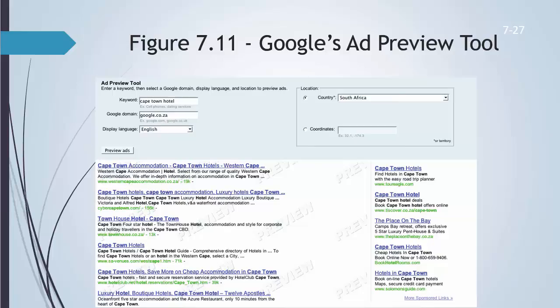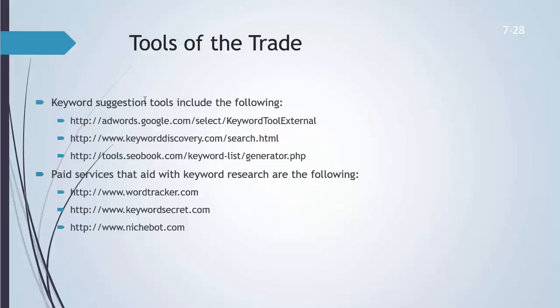Some other places you can go to get keywords are paid services, and they change periodically. Some of them go in and out, but you can just do a search on keyword suggestion tools, and the different ones will come up.